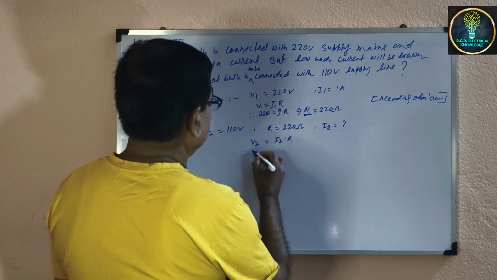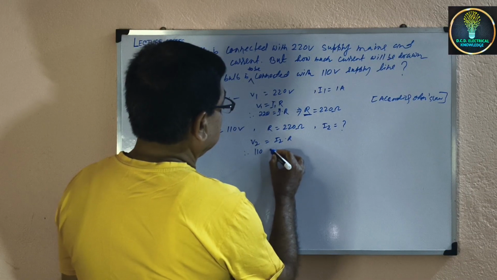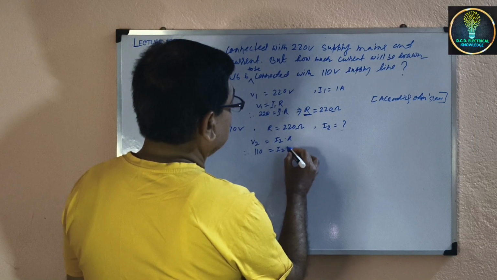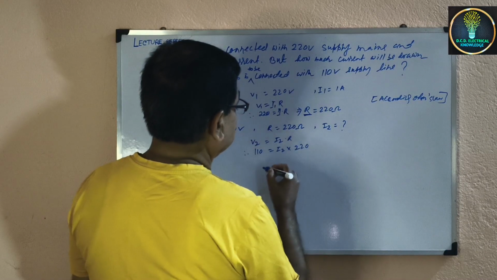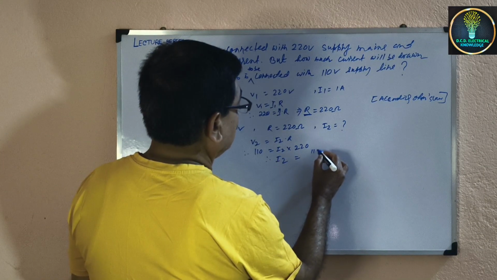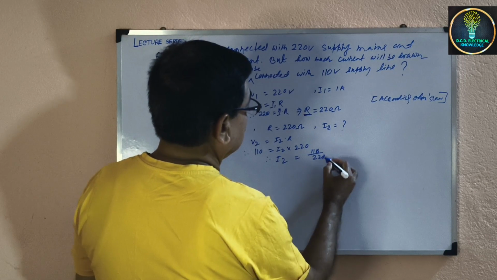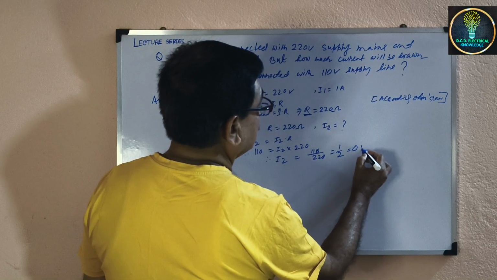So V2 is equal to 110 and I2 multiplied by 220. So I2 is equal to 1 by 2, that is 0.5.